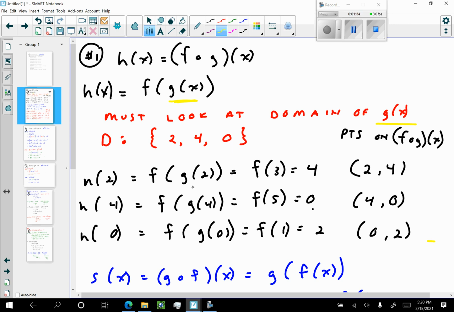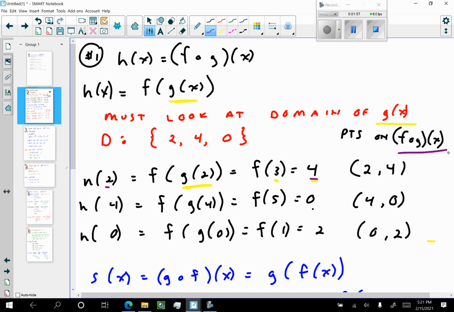h of 2 is going to be f of g of 2, and I look at my table and I see that g of 2 is 3. And what is f of 3? f of 3 happens to be 4. So therefore, I have a starting value and an ending value, and this (2, 4) is the first point on this function f circle g.